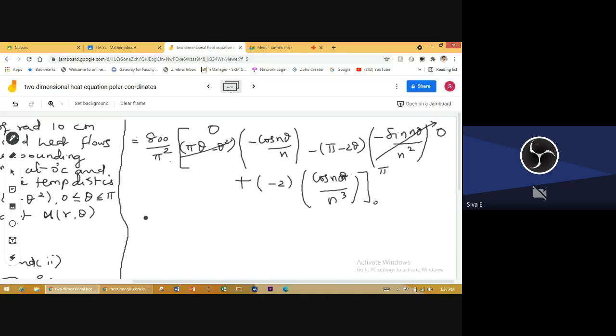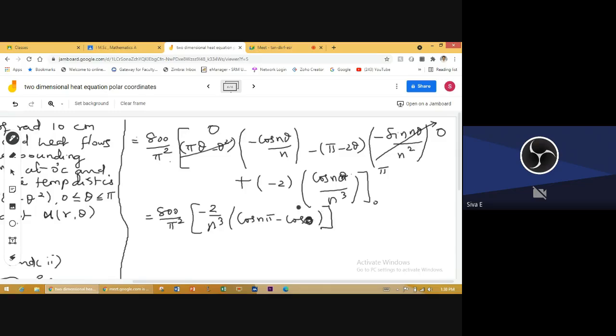That is equal to 800 by pi square. Substituting 0 and pi there. So 2 by n cube is there, minus 2 by n cube cos n pi minus cos 0.